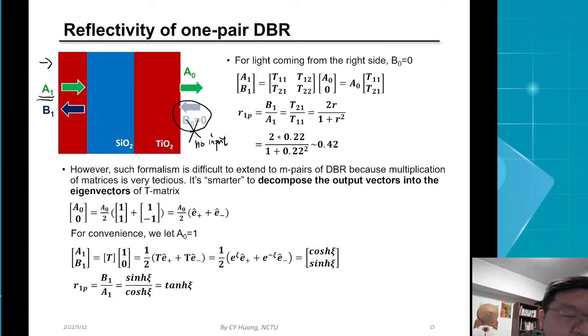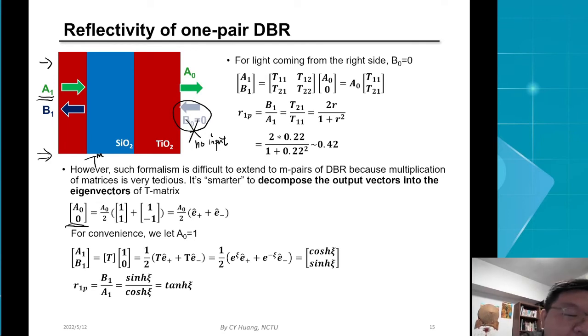Alright. So let's consider the power coming from here, and this is the matrix with m times. So we can write down the vector A0, the right side, that will be easier, more correct to say.